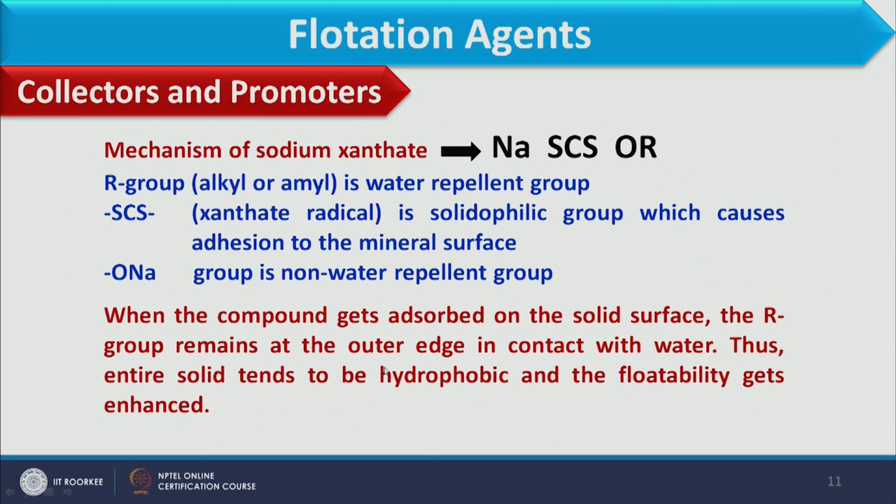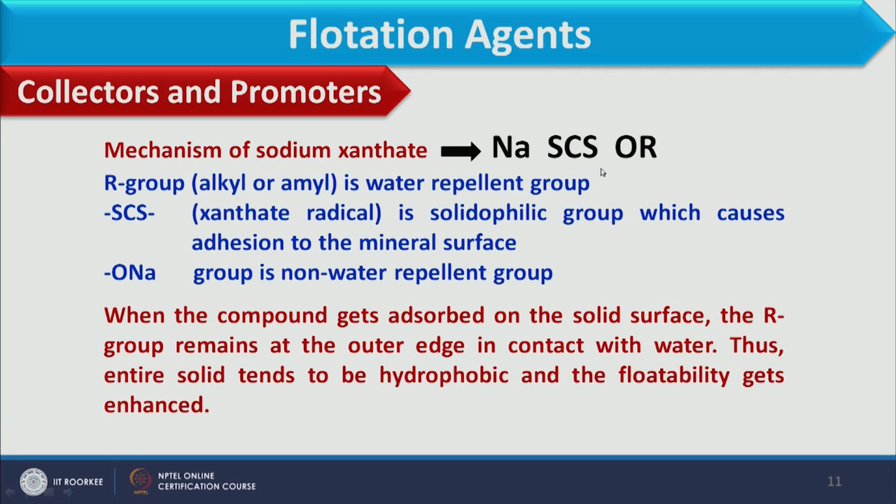So, here we will see the mechanism of sodium xanthate, so that you can understand what happens. Here we have sodium xanthate, that is NaSCSOR. If you consider this compound, the R group, which is an alkyl or amyl group, works as the water repellent group. The xanthate radical, that is SCS, is the solidophilic group which causes adhesion to the mineral surface, and the ONa group is non-water repellent.